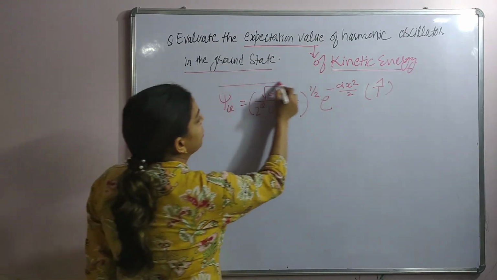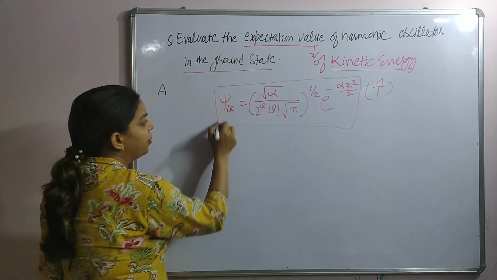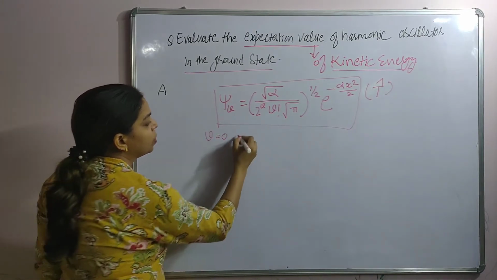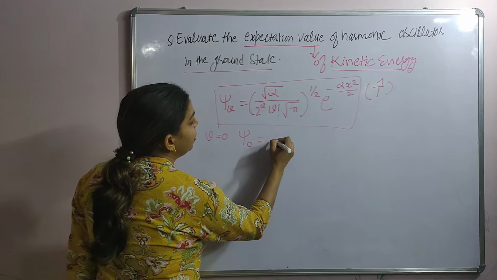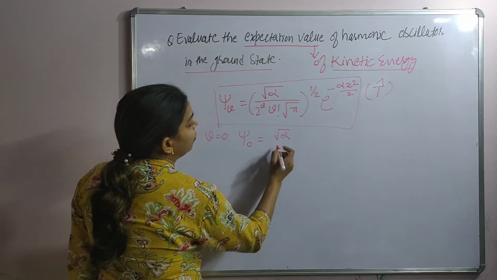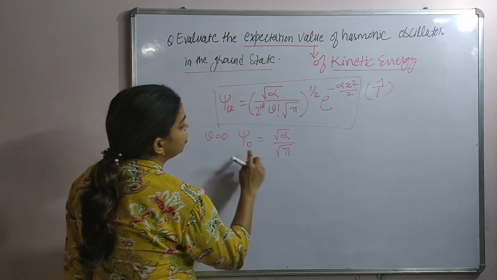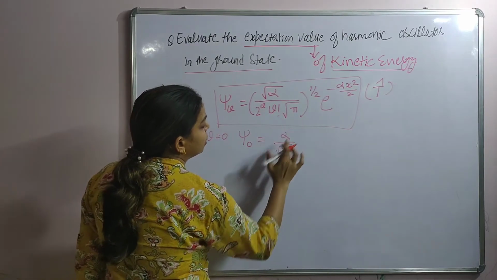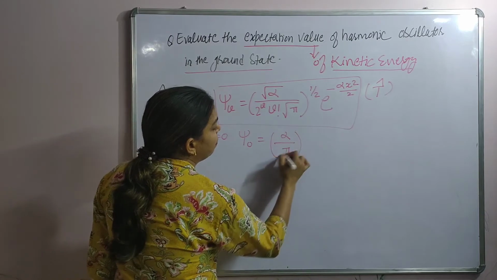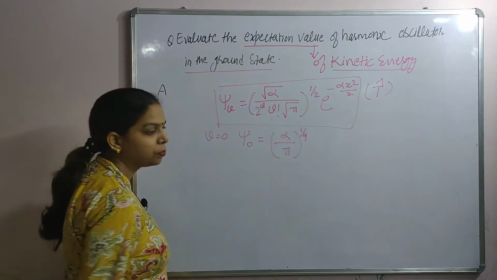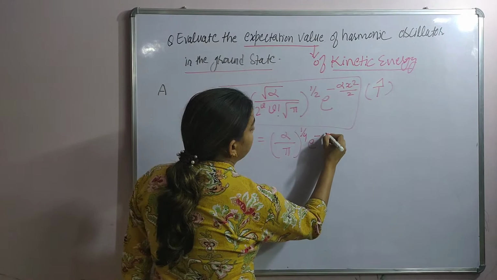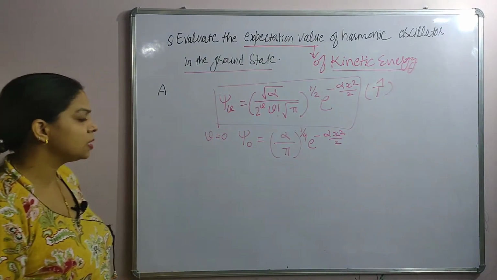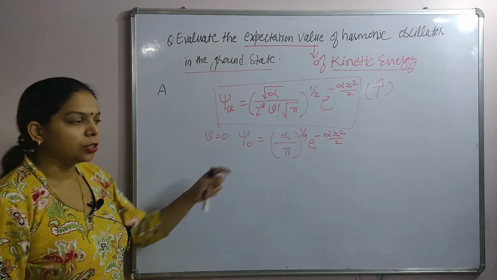This is the general expression for the wave function. For the ground state, v is equal to 0. So psi 0 will be, substituting 0 here, alpha by pi raised to power 1 by 4, e raised to power minus alpha x square by 2. So this is the ground state wave function.